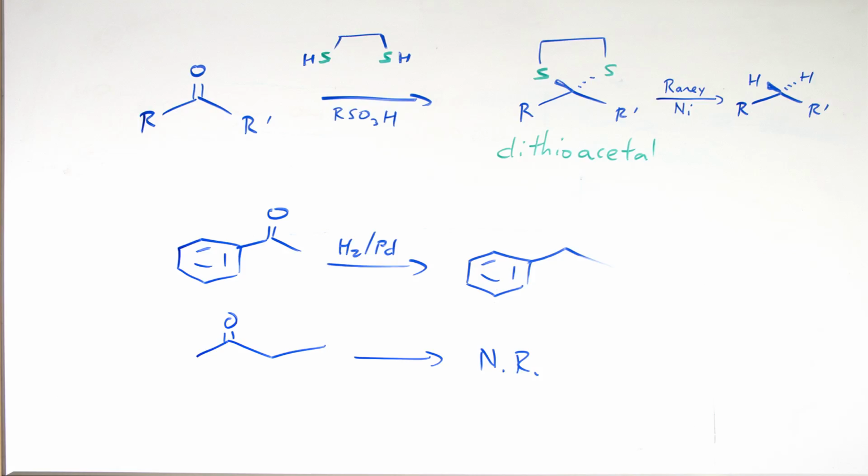So getting rid of a carbonyl that doesn't have the benefits of a next door aromatic ring, not so simple. So that's why the thioacetal is useful, because it doesn't matter what's next door to it anymore. It's exploiting the sulfur, not the next door neighboring aromatic ring that stabilizes every type of intermediate.